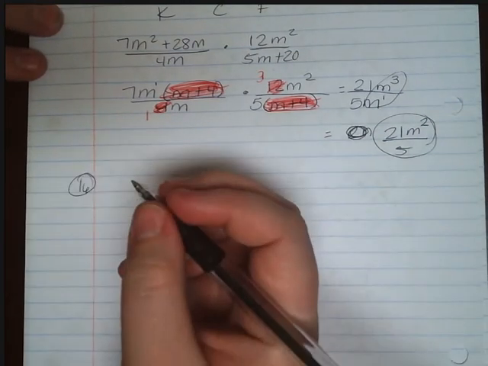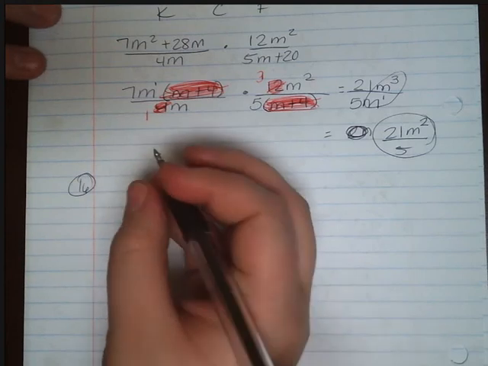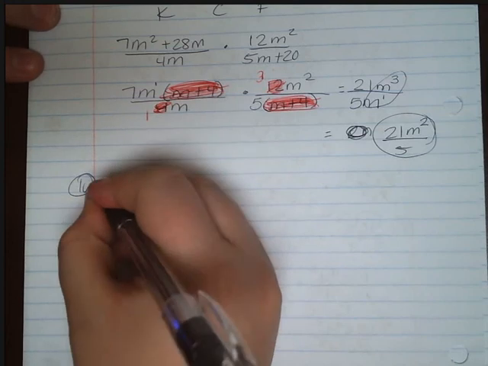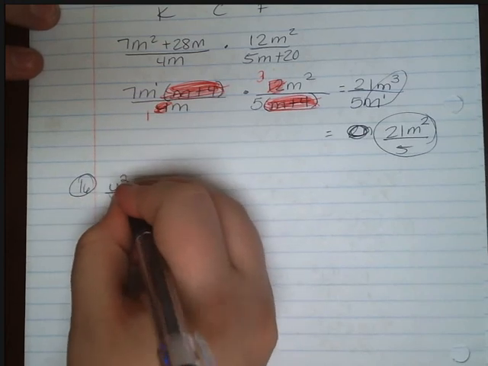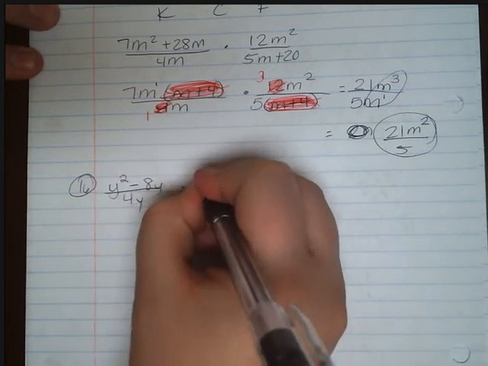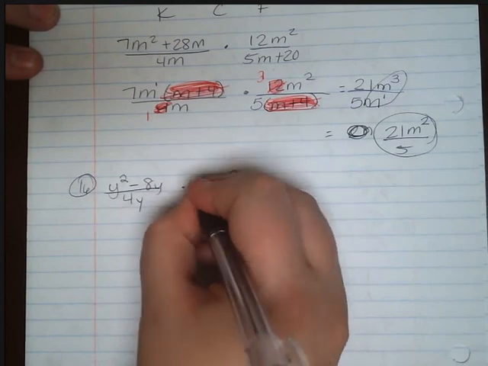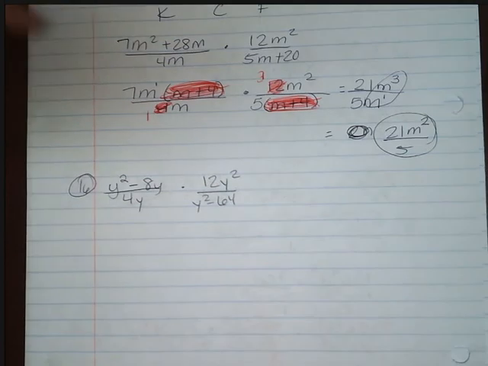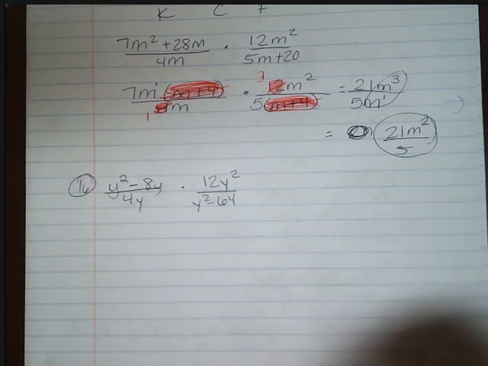On number 16, we have y squared minus 8y divided by 4y times 12y squared divided by y squared minus 64. So this is already multiplication, so I'm going to go ahead and factor what I can.